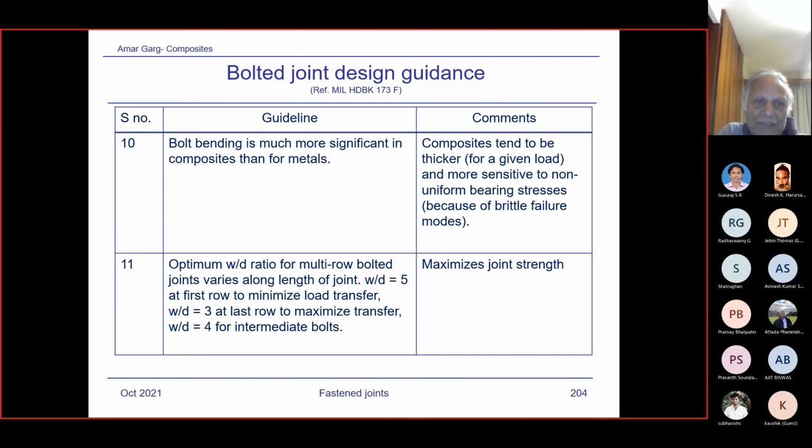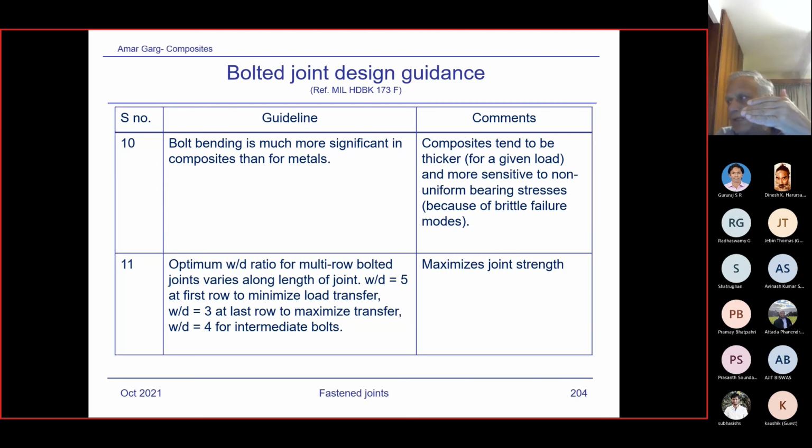Bolt bending is much more significant in composite than for metals, which I have highlighted earlier. The reason is that bolt bending becomes critical because laminate thicknesses are generally larger than metal. Say for aluminum, the bearing strength allowable is around 800 megapascals.